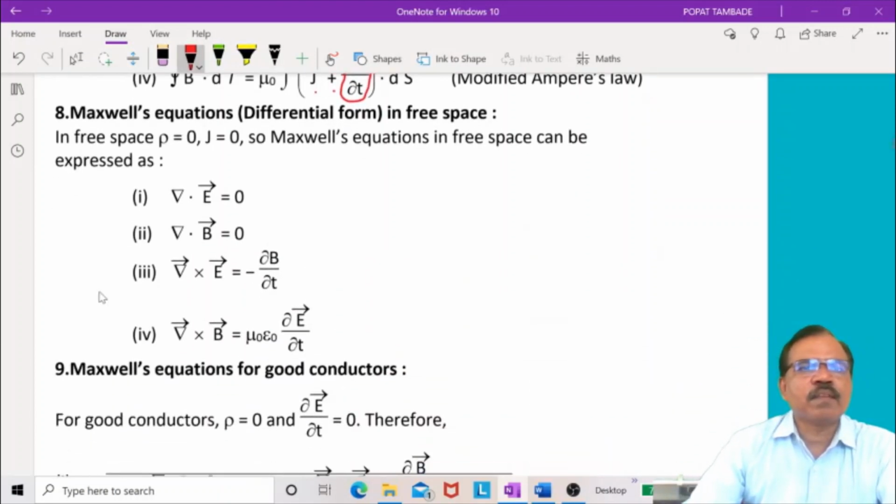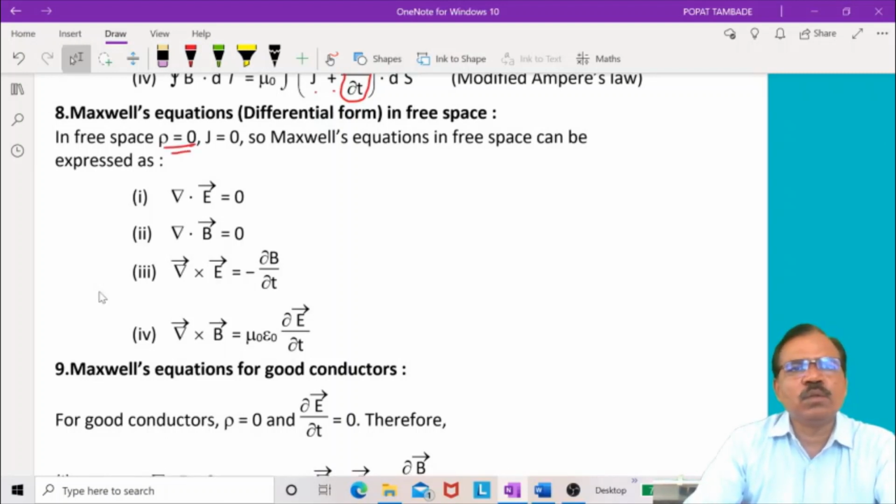So in free space, Maxwell's equations, rho is equal to 0, so current density is equal to 0. We get del dot E is equal to 0, del dot B is equal to 0, del cross E is equal to minus ∂B/∂t, and del cross B is equal to mu 0 epsilon 0 ∂E/∂t.